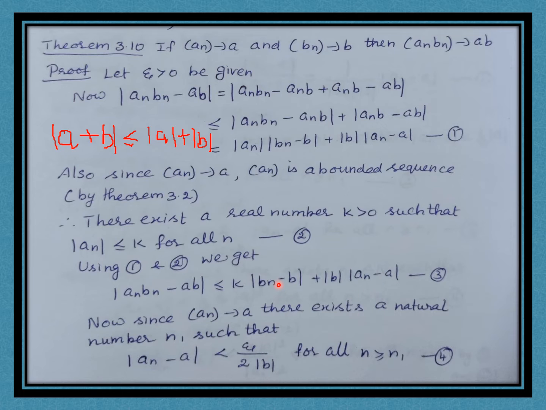This I can put as epsilon by 2 into k. So I am using the hypothesis and I write absolute value of an minus a is less than epsilon divided by 2 into absolute value of b. This is true for all n greater than or equal to the chosen natural number n1.